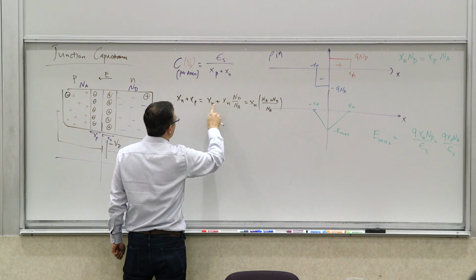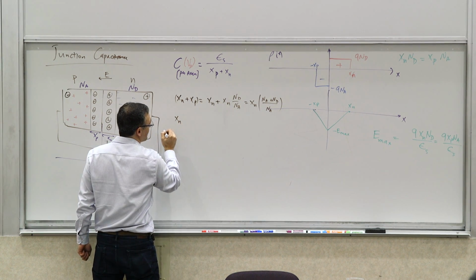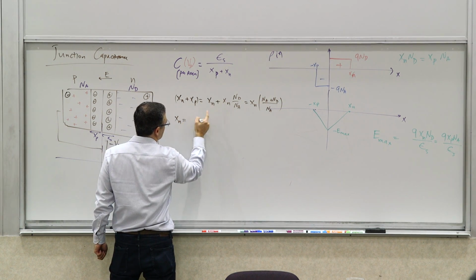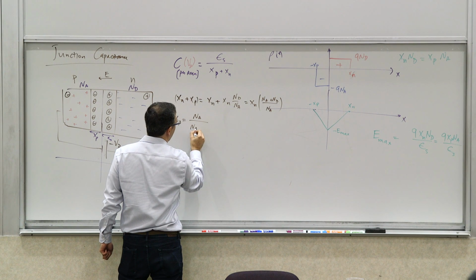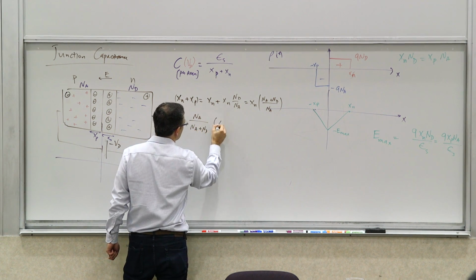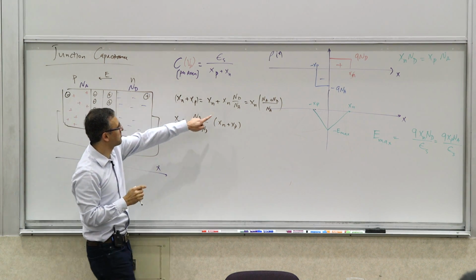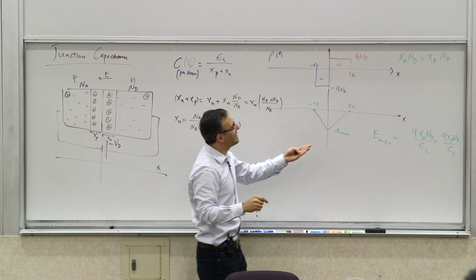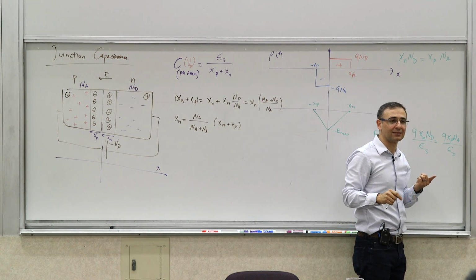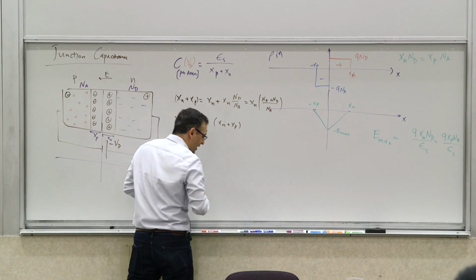So that's xn plus xp in terms of xn. Now I can solve for xn: xn is na divided by na plus nd times xn plus xp, right? I'm just solving for xn in terms of that. And then what I really need is xn times nd, so I can multiply both sides by nd.